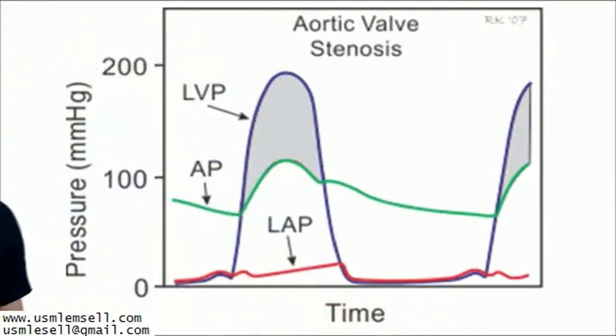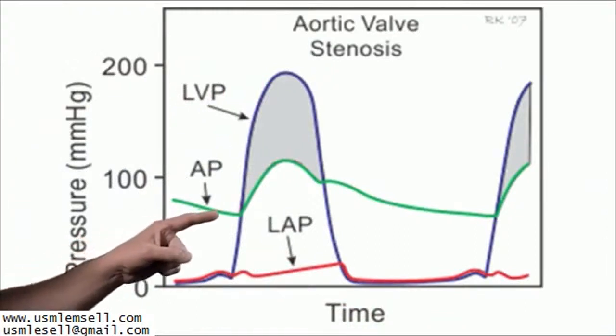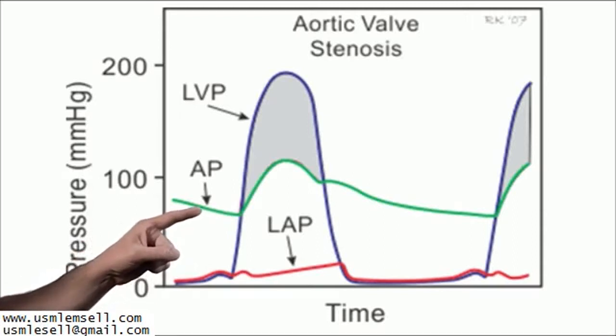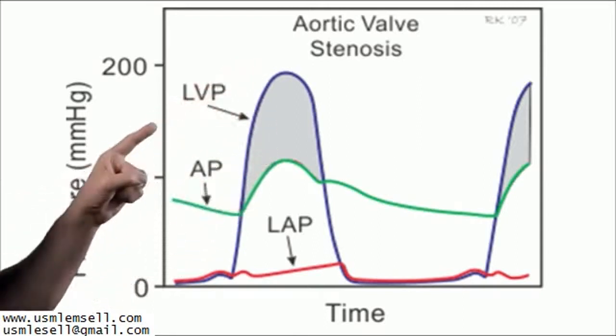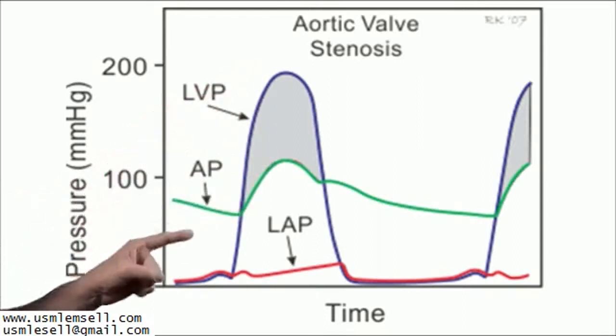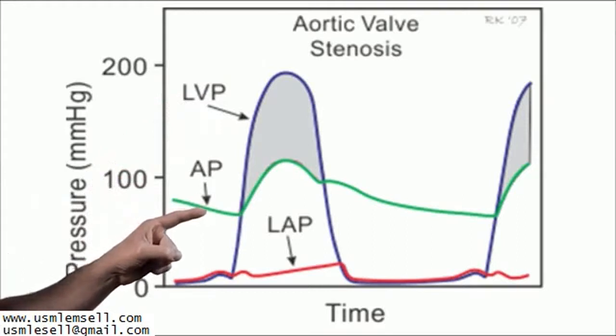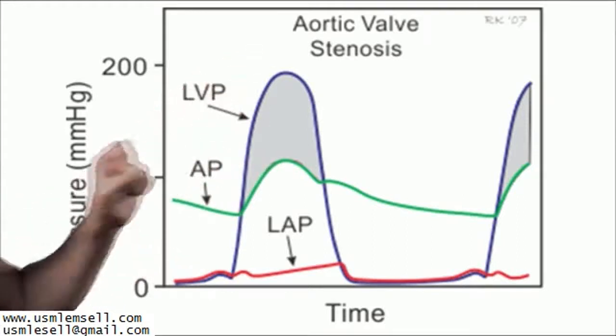Now, this is a graphical representation of aortic stenosis, because this shows you the gradient. This is the aortic pressure, the green line. Why is the aortic pressure so much lower than the left ventricular pressure? Why is there a difference?